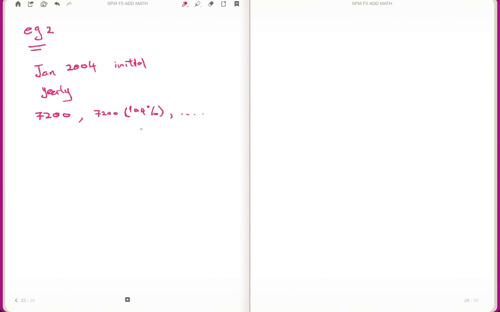This is a geometric progression question from a past year paper, 2008. Solution: calculate his annual payment to the nearest ringgit for the year 2010.